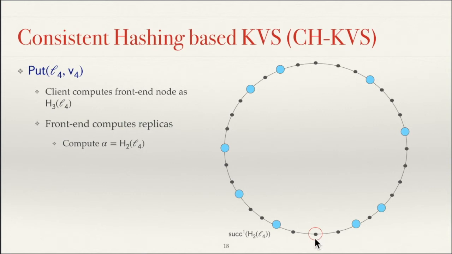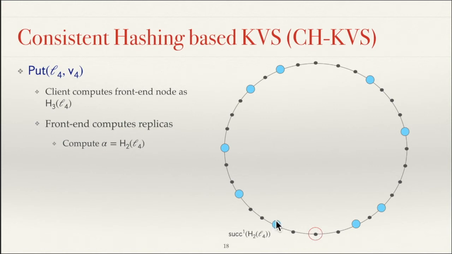So what the front end node then does is compute the successor of this address. The successor is essentially the first node that you would encounter if you travel on this circle in a clockwise direction. For example, this is the first successor of this address over here.